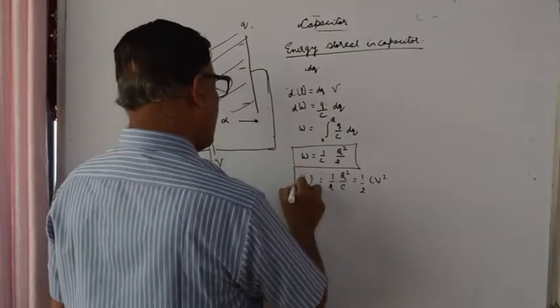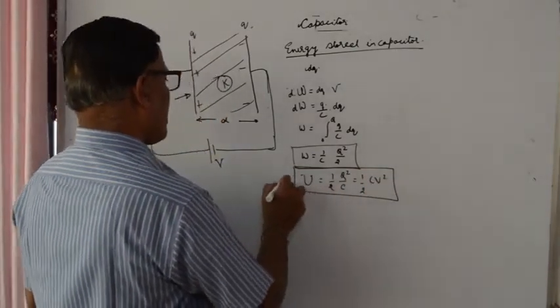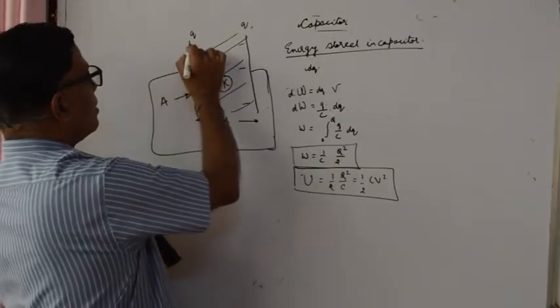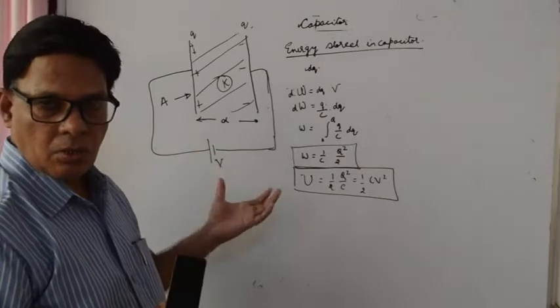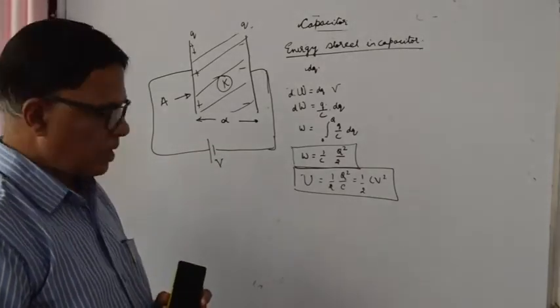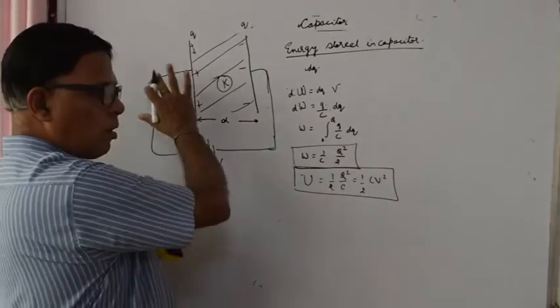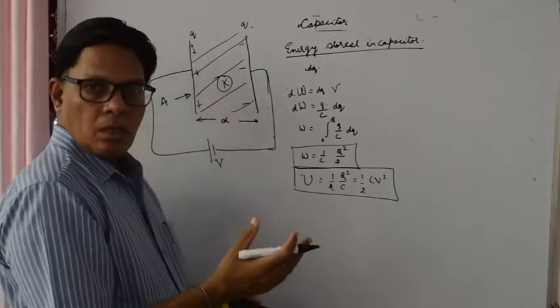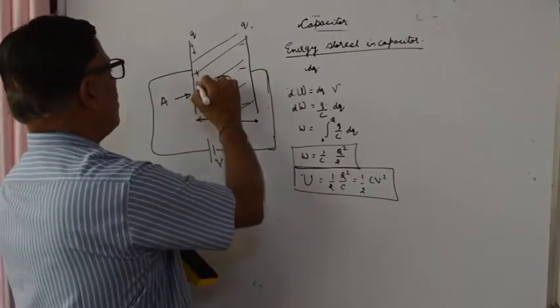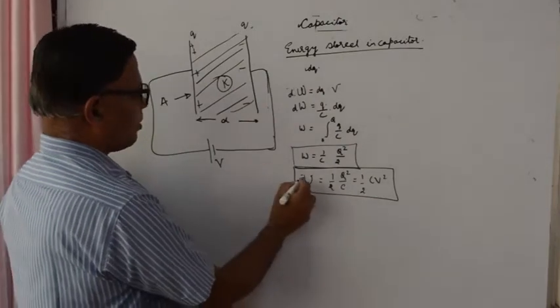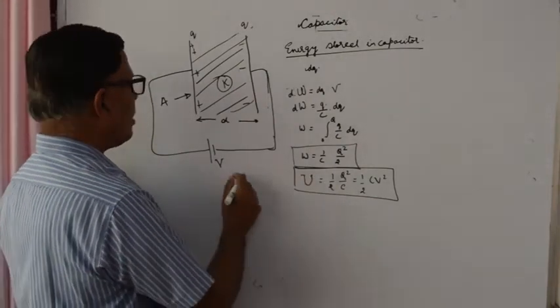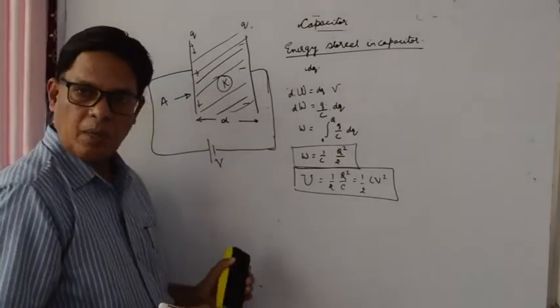Now, basically, in case of a capacitor, the energy is not localized on the plates, that is just due to the distribution of the charges on the plates. It is distributed all over the volume. Okay, and this volume we know. So we have to get the expression for energy density of the parallel plate capacitor.